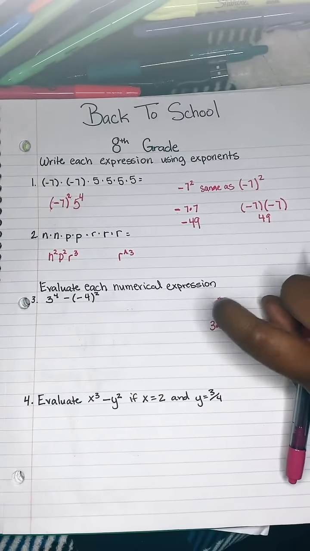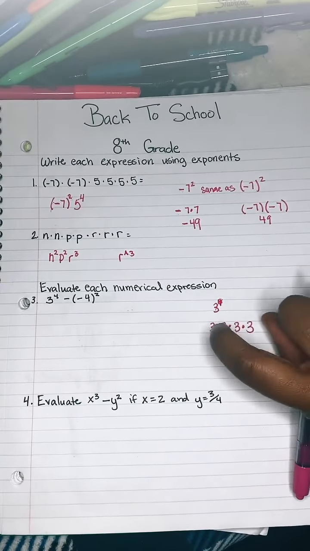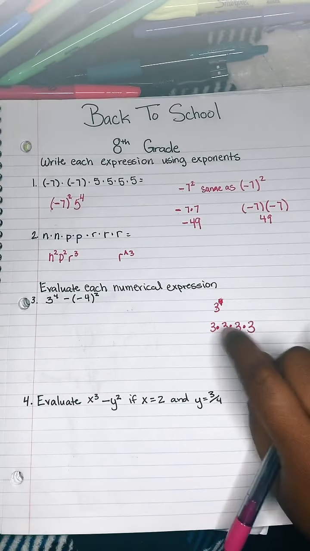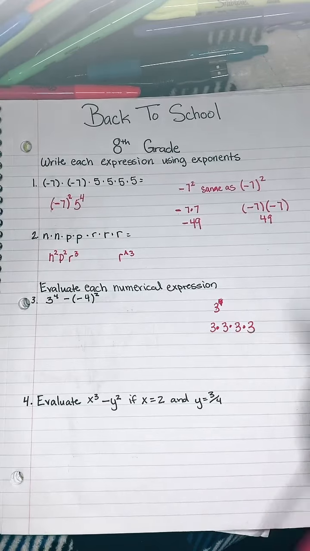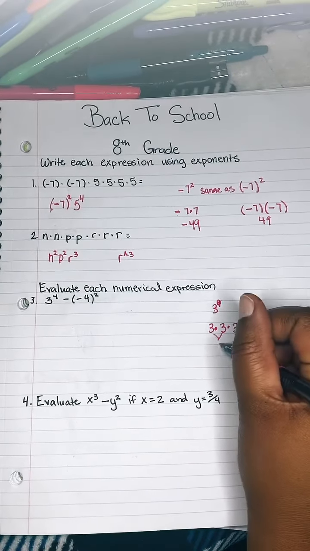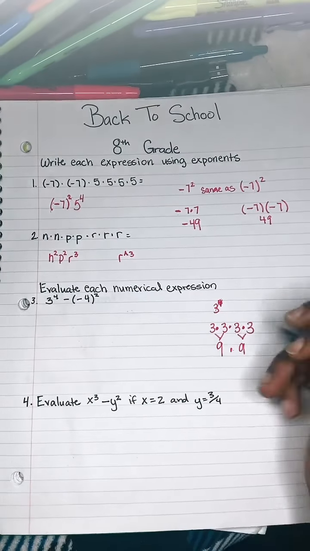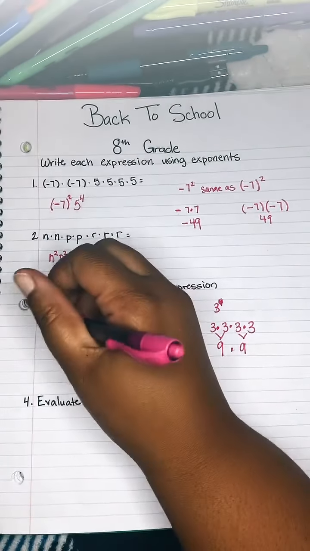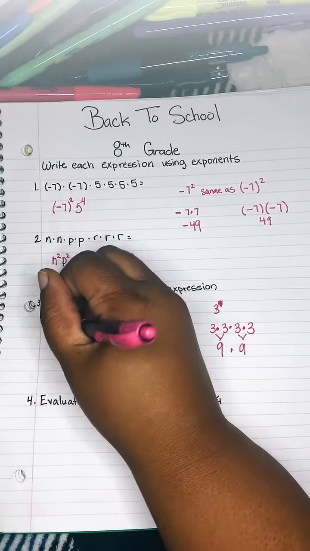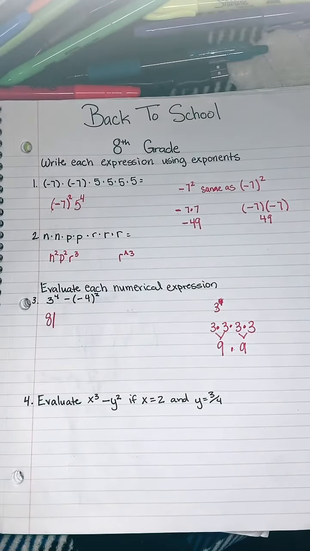This power tells you how many times you're going to multiply it by itself. So it's 3 times 3 times 3 times 3. 3 times 3 is 9. 3 times 3 is 9. What is 9 times 9? 81. Yes, it's 81.